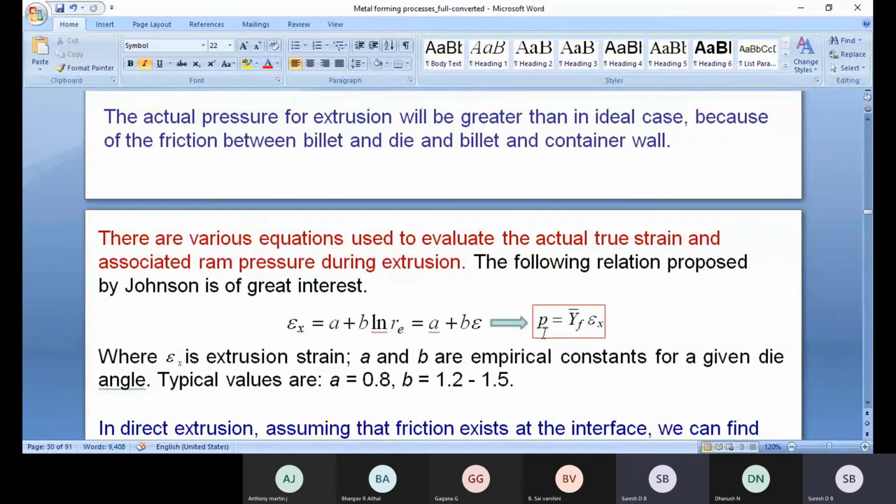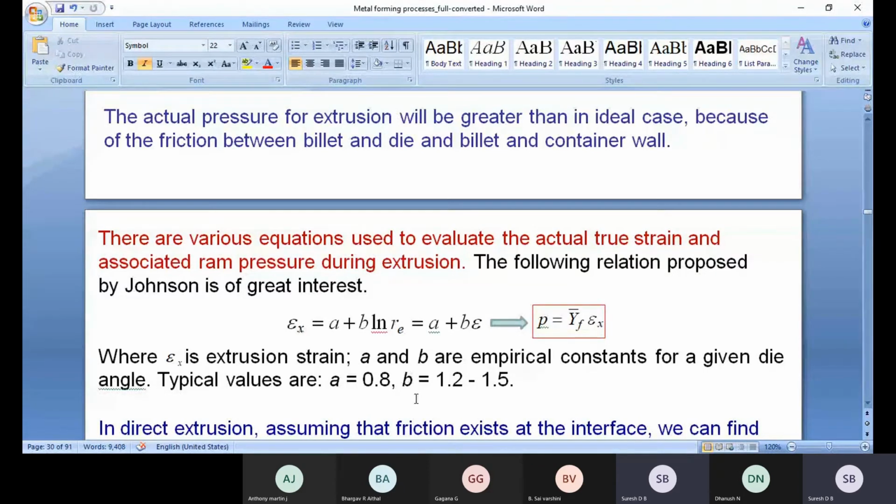Here small a and small b are empirical constants for a given die angle. Along the x direction as well as the y direction, the taper die angle is present. Along the x direction you can consider it as a, and along the y direction taper angle, you can consider it as b.